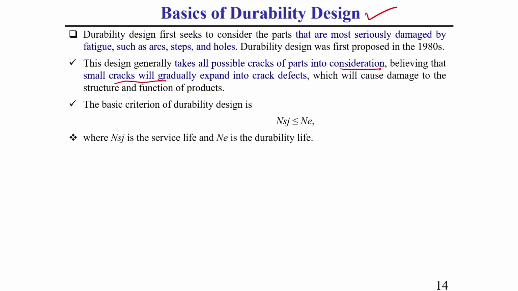When these crack defects form, they will damage the structure, as well as the function of the product. Understand.